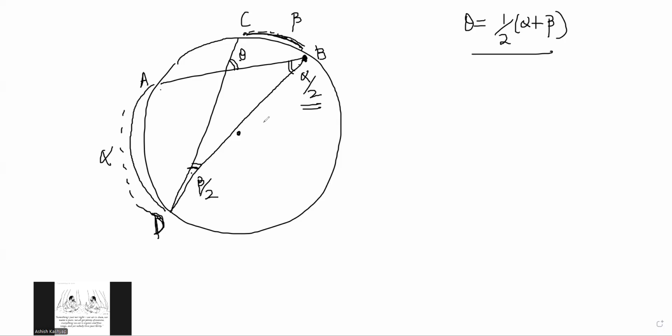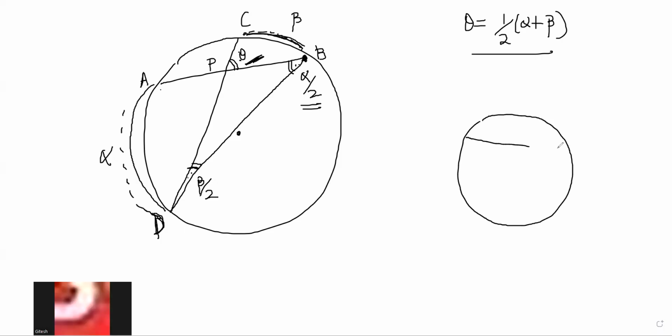It will make beta by 2. So now look at the triangle PBD. In that triangle, alpha by 2 plus beta by 2 will be equal to theta because theta is exterior angle. I hope everyone is understanding what I'm saying. Yes, sir. What about the others?